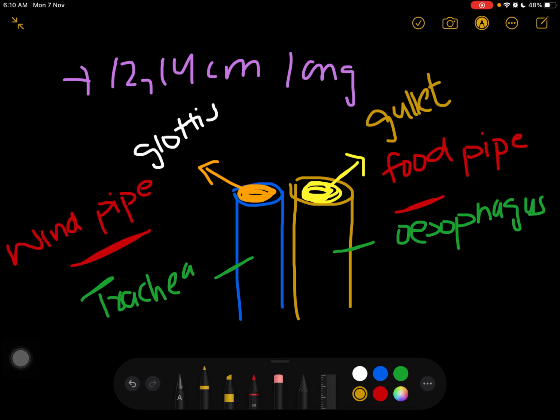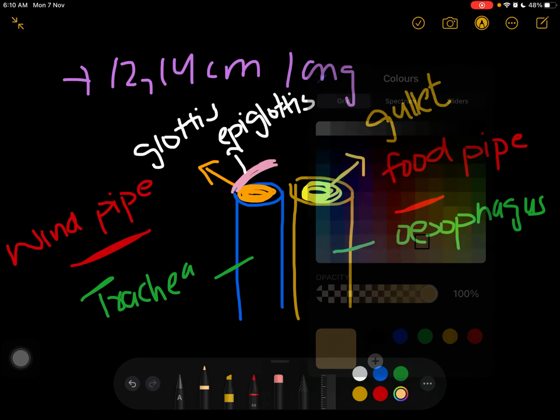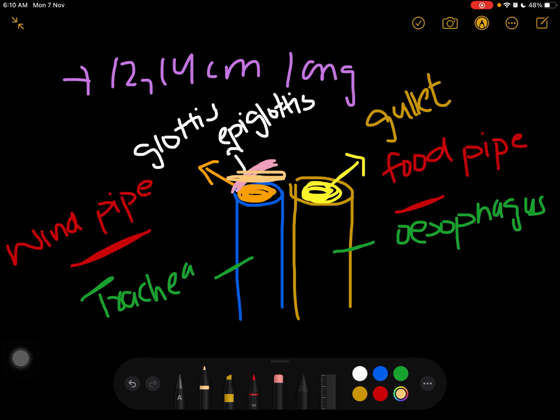Above this glottis, there is another flap-like cartilage, and it is known as epiglottis. Above this epiglottis, this portion is known as larynx.